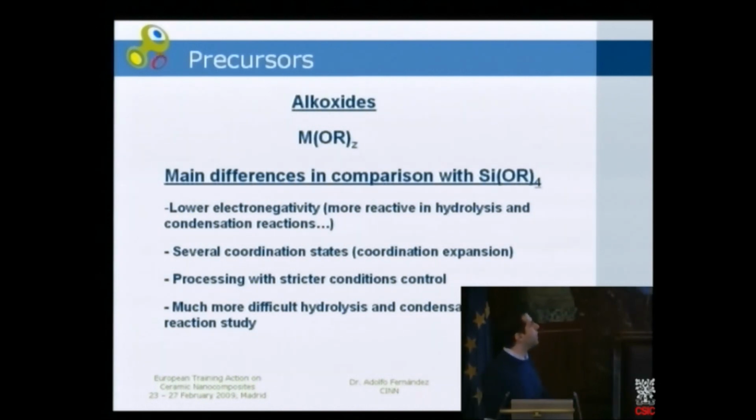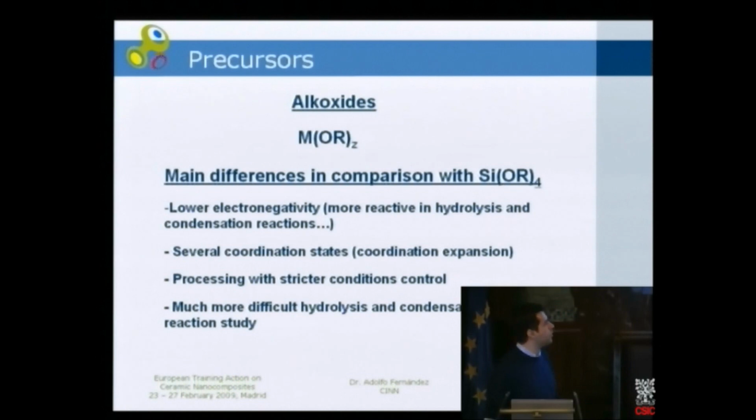As I said before, the other main family of precursors are the alkoxides, and I'm going to start by describing the alkoxides of metals different from silicon, because the reactivity is completely different. The main difference between these alkoxides of transition metals and the silicon ones is that, thanks to their lower electronegativity, they are more reactive in hydrolysis and condensation reactions.